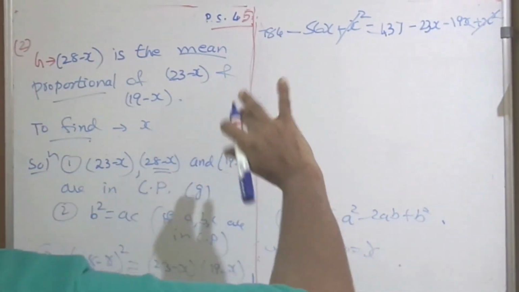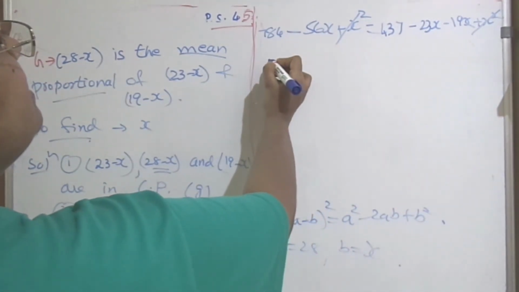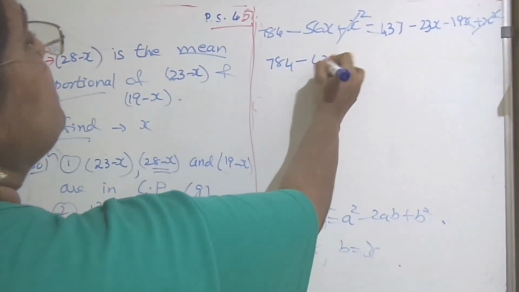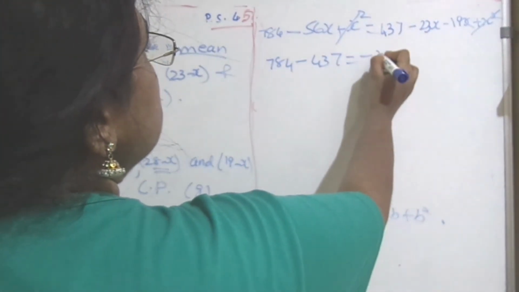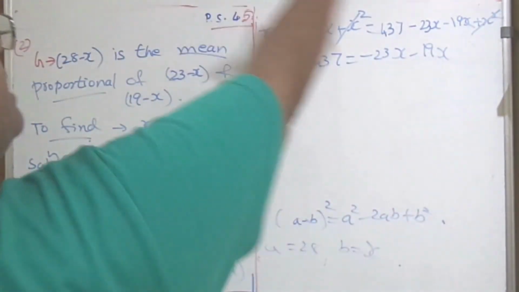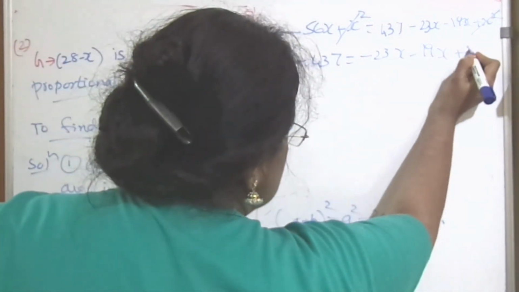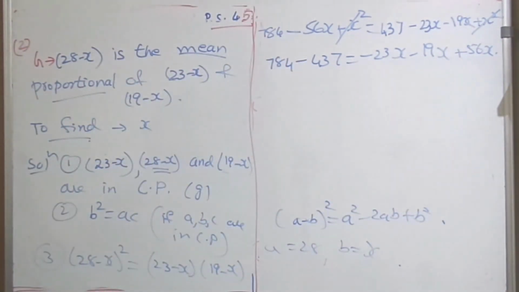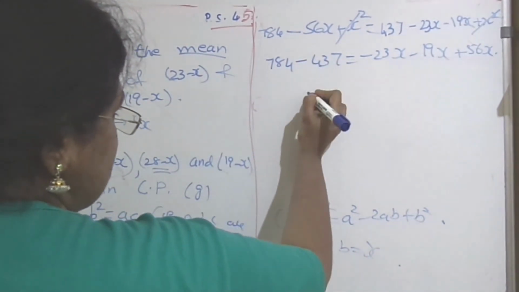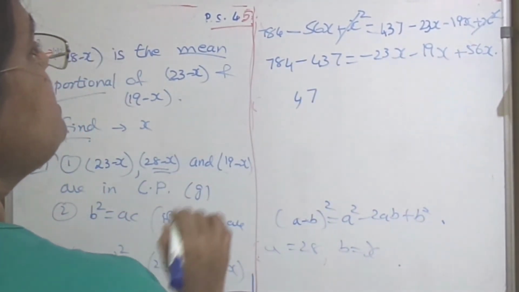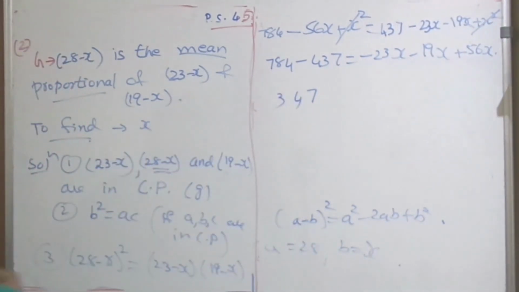Take the numbers to one side and the x terms to the other side. 784, I'll bring 437 to this side. And all these terms, minus 23x minus 19x, over here only. Minus 56x, that's it, plus 56x. Now 784 minus 437 is 347.